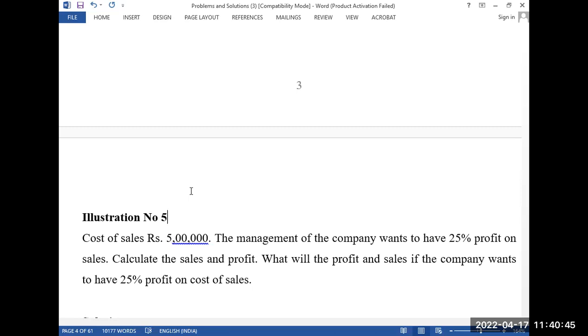What's the answer now? Simplify that equation. 25 by 75 is 1/3 of 5 lakhs. How much? 1,66,667 is the profit.